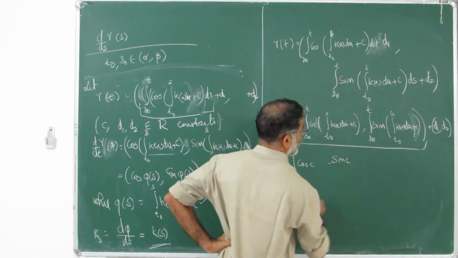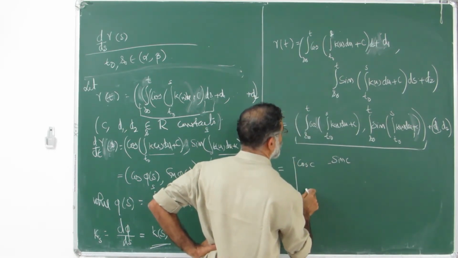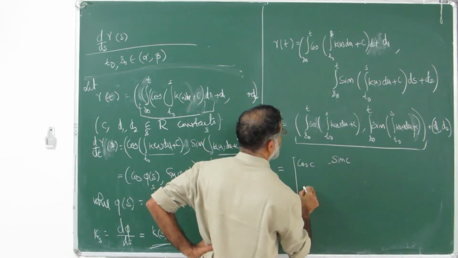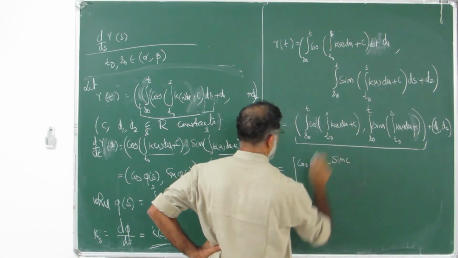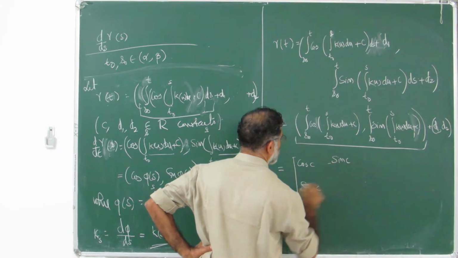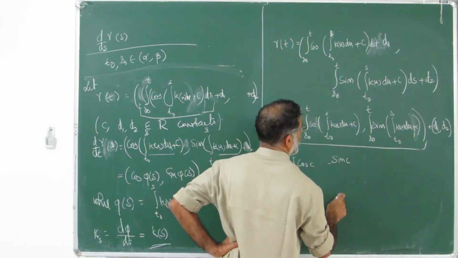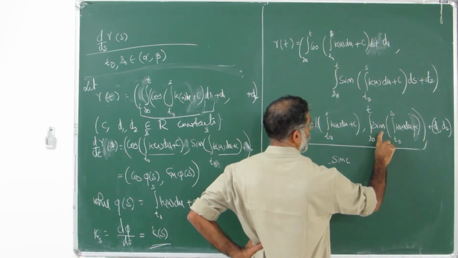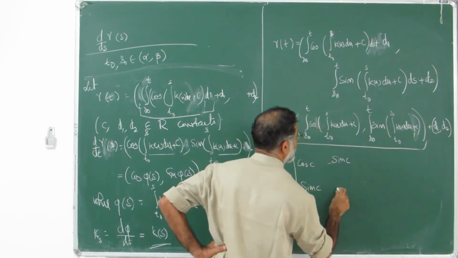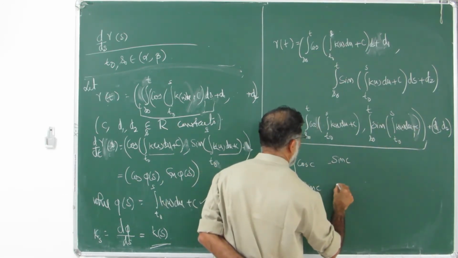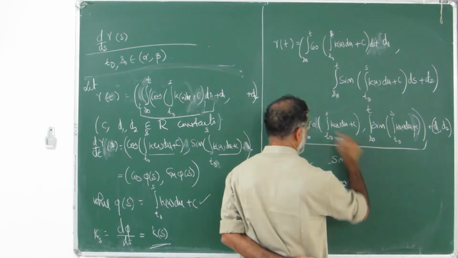And this side, you get sin into cosine C. So it will again come to the same thing. So the next one will be cos C into this, and this is sin C for the second one. Sin C into cos, it doesn't make any difference because it is a sum. So sin C, cos C into these expressions.